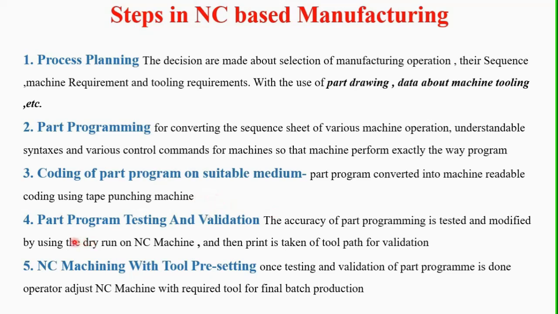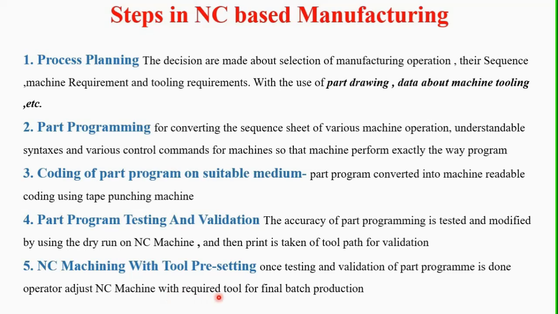Then the next step is called part program testing and validation. The accuracy of the part program is tested and modified by using a dry run of the NC machine. Then a printout is taken to validate the NC part program and its accuracy. Next is the NC machine presetting.